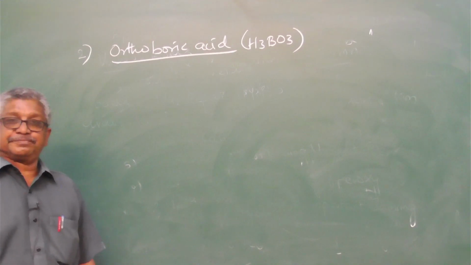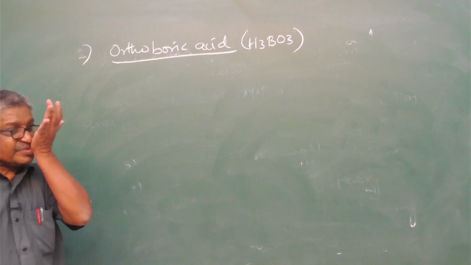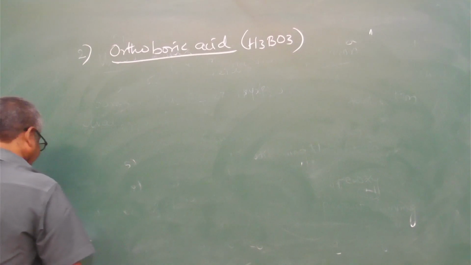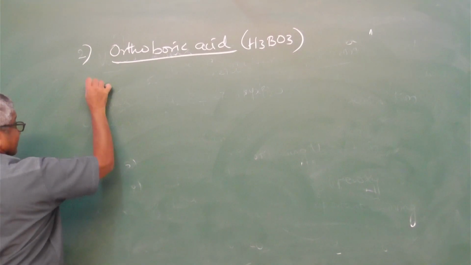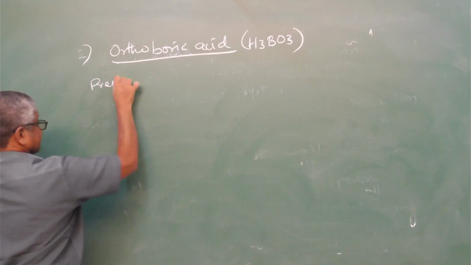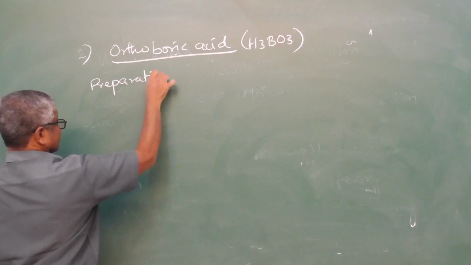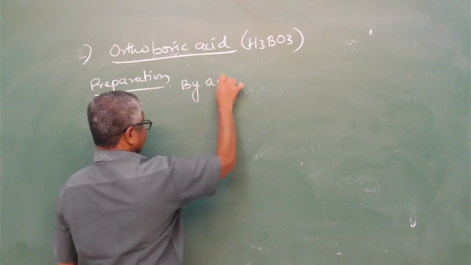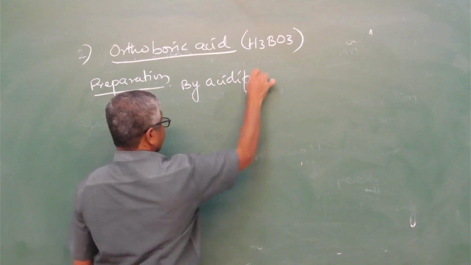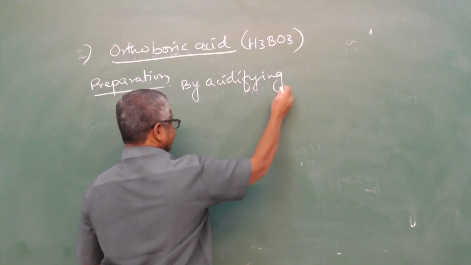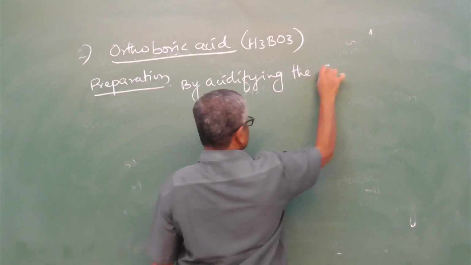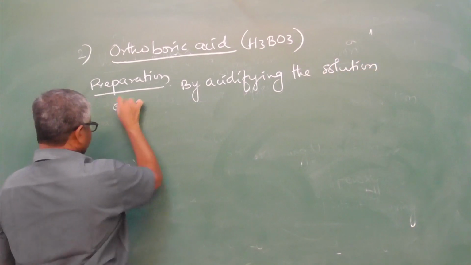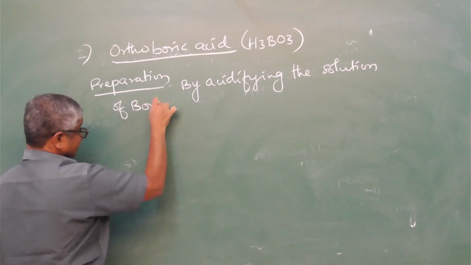Orthoboric acid. Next, it is prepared by acidifying an aqueous solution of borax. Preparation by acidifying the solution of borax.